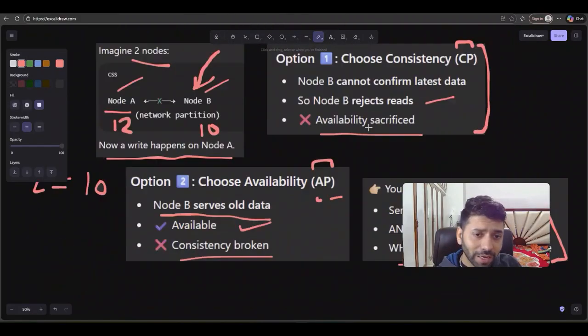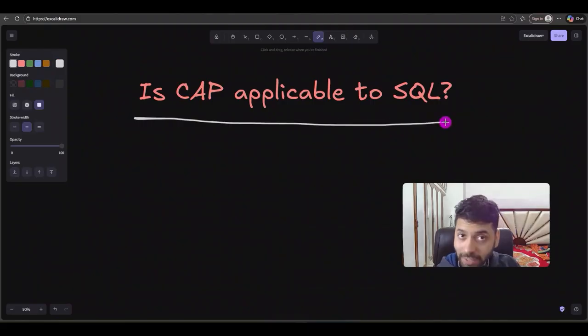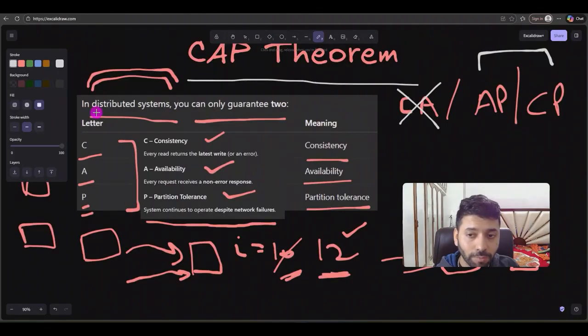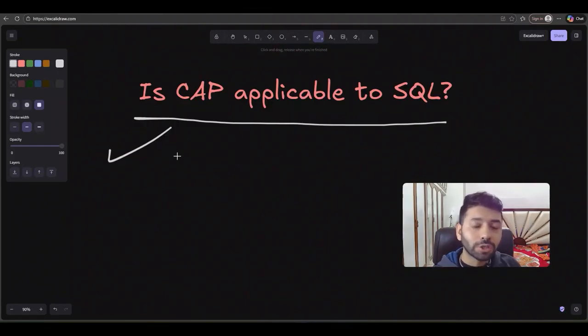Now a basic question that may come to your mind is: is the CAP theorem applicable to SQL databases? The answer is yes, if the SQL database is distributed. In the CAP theorem, we talk about distributed systems, correct? So in SQL, if you have a distributed system, with replicas and different nodes present, then the CAP theorem would be applicable to it as well.